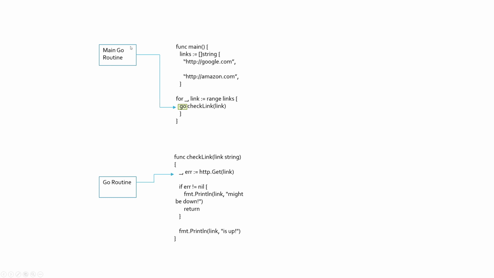And the main Go routine here is able to execute. So it goes to the next iteration, which would create another Go routine in theory, which I didn't draw out here. Just imagine there's another one here now. So we just keep doing that for each iteration. So we're never waiting for this blocking call to finish before we go to the next iteration.